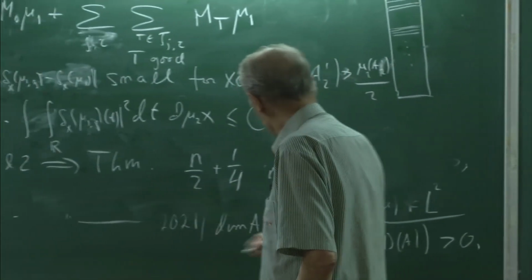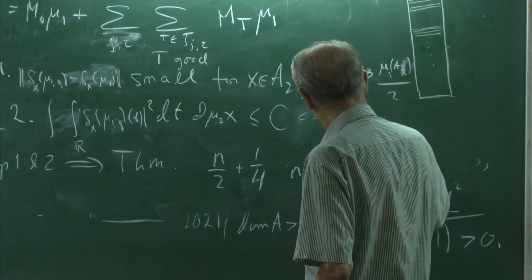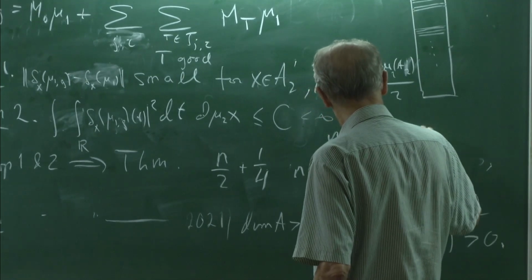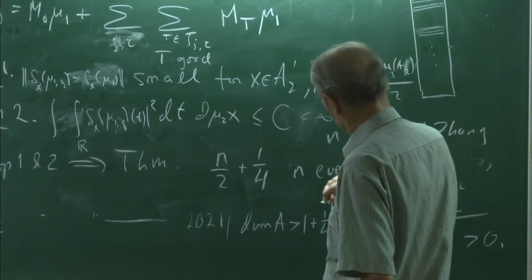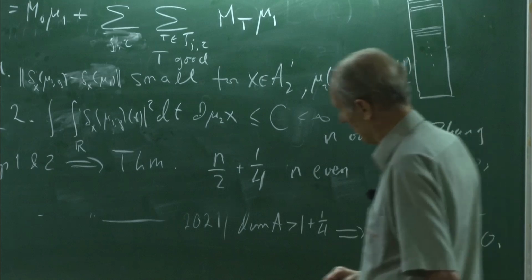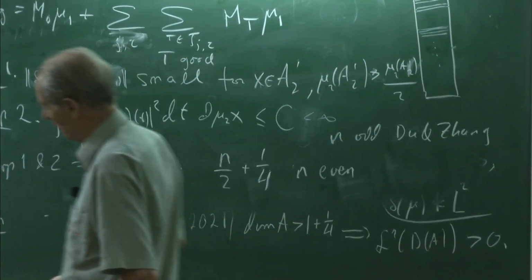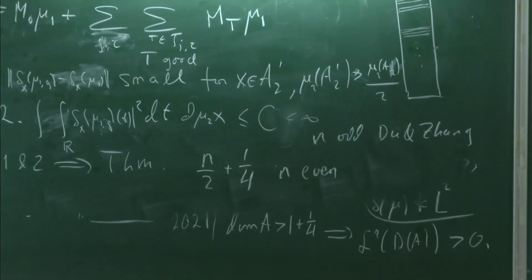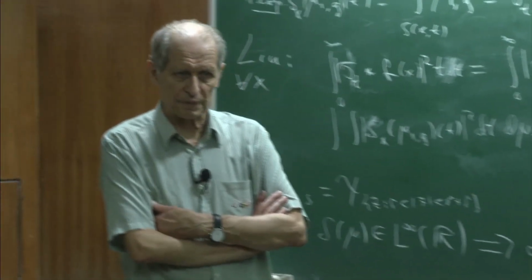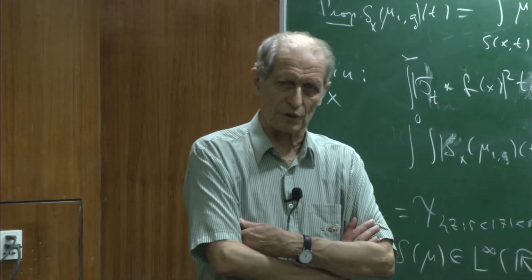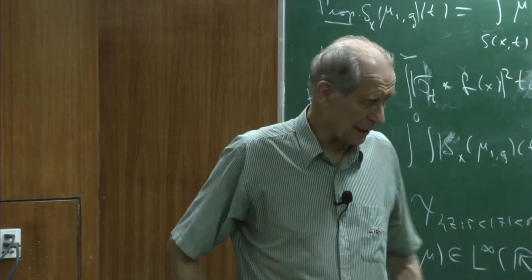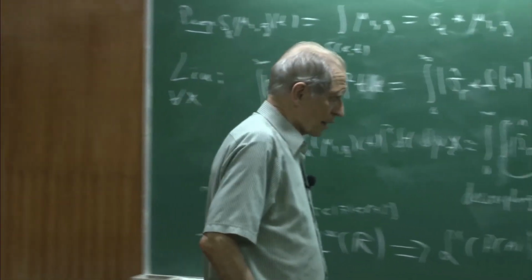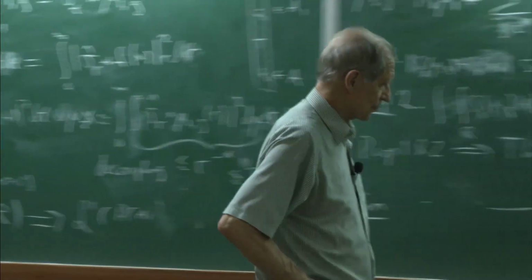If n is odd, there is a partial result of Du and Zhang, which somehow is worse than this. And they got this by improving the corresponding Fourier decay formula for the spherical averages, which was earlier proved. There was a weaker result earlier by Erdogan, and then they improved Erdogan's result to get some number.